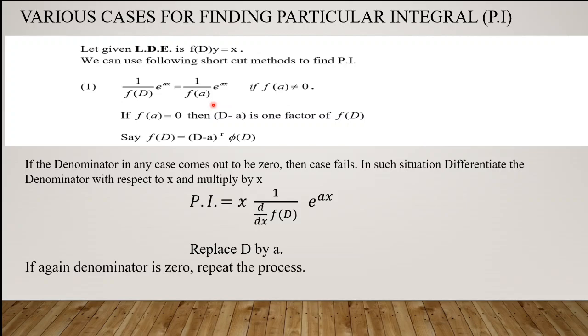So every time I have to take care that after simplification, if I replace the value, see what is observed here, whatever was D is replaced by a. How did this a come into the picture? A is nothing but the coefficient of x in the exponential term.